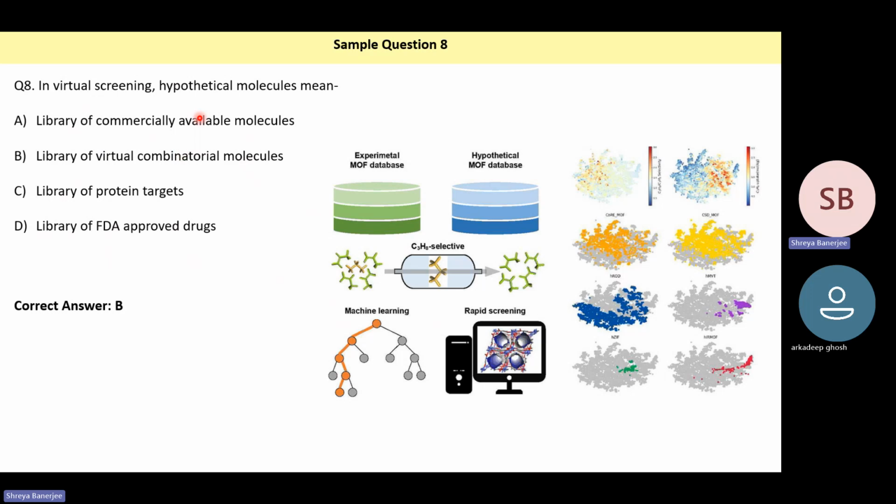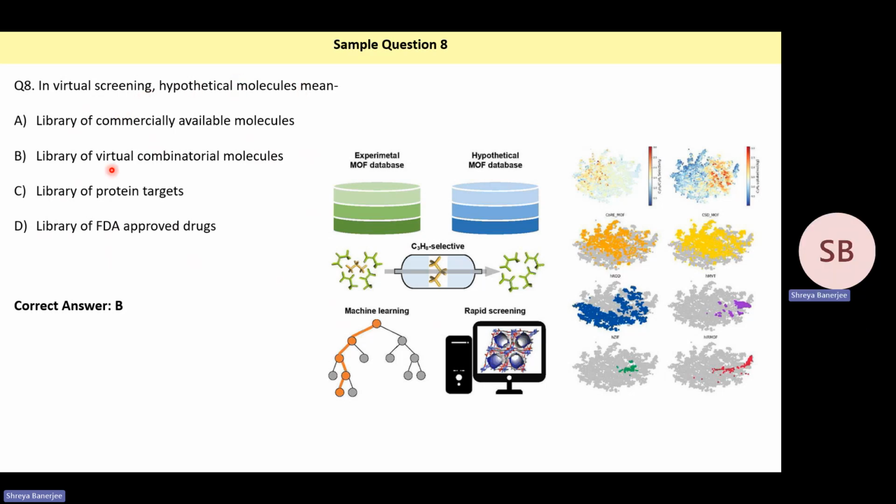So if you know different fragments which show binding, these can be combined in different ways hypothetically to have an entire virtual library, which can be used for virtual screening to narrow down the number of possible ligands to be synthesized. So the hypothetical molecules are these virtual combinatorial molecules made by combining different known binding fragments. So the correct answer is option B.